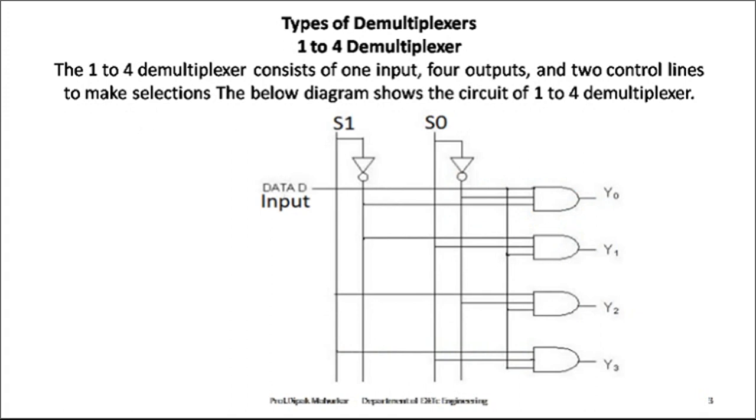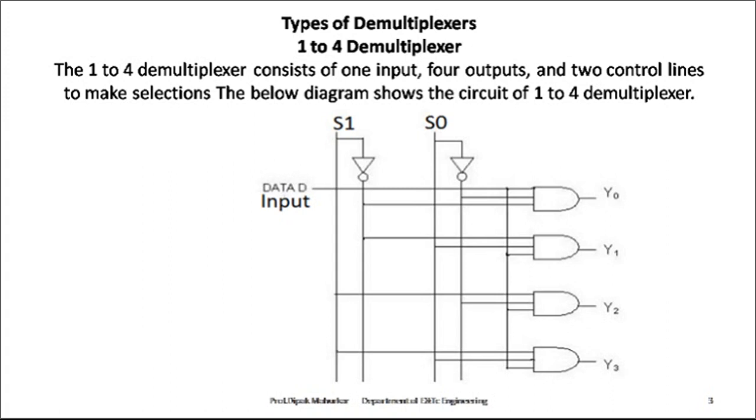The 1 to 4 demultiplexer consists of one input, 4 outputs, and 2 control lines to make the selection. The previous block diagram you can consider as 1:4: 2 select lines S0 and S1, 4 output lines Y0, Y1, Y2, Y3 and one input line, data in.